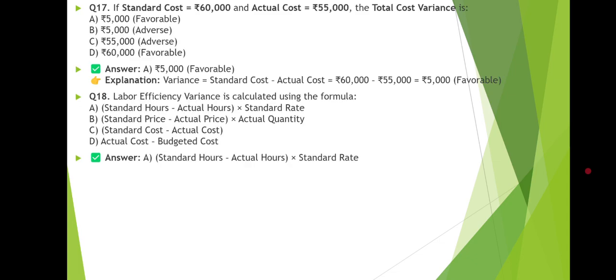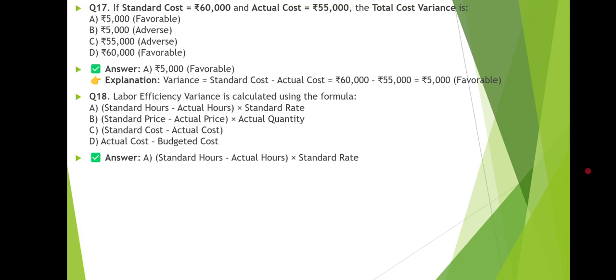Next question, if standard cost is equal to 60,000 and actual cost is equal to 55,000, the total cost variance is 5,000. We can calculate it this way: variance is equal to standard cost minus actual cost. So we get the answer 5,000.